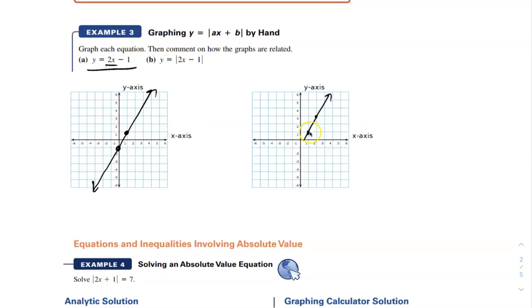I started at that point, went over 1 and up 2. Now the rest of this, normally I go down, but I have a slope of 2 going this way, because absolute value makes that positive. So over 1, up 2. That's more of an estimation, and that's the absolute value of f of x, my function there.